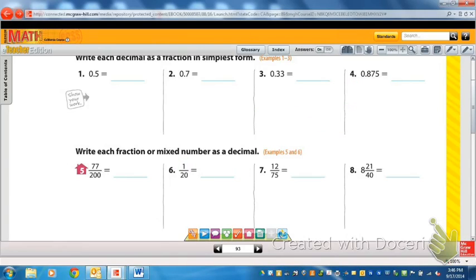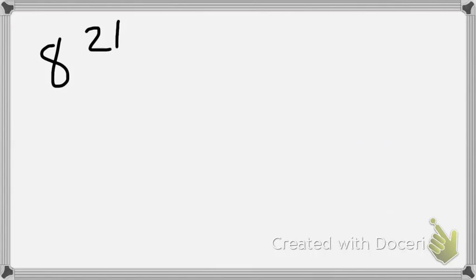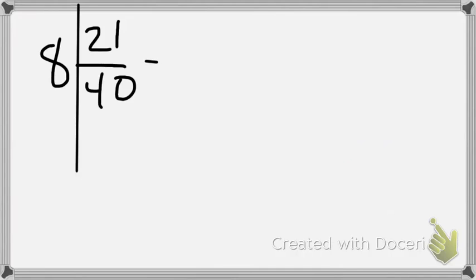Number 8 is kind of a long one, 8 and 21/40. Just like the decimal before, anything to the left is going to be to the left of the decimal. So that's going to be 8 and 21/40.